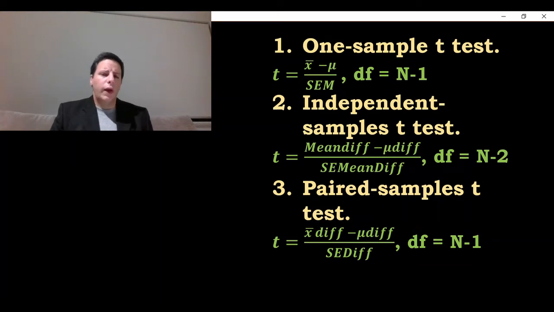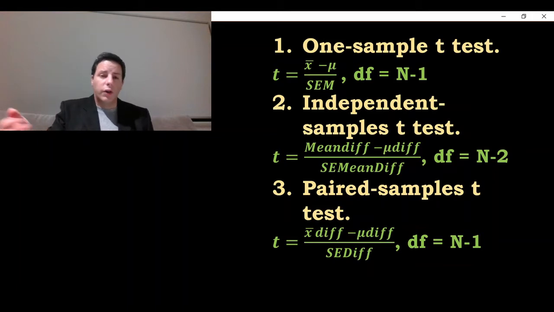Why do we do n-1? Well, there are many reasons, but just take this heuristic. How many means did we calculate in this sample? 1 mean. So that is what we have to deduct from the number of observations.